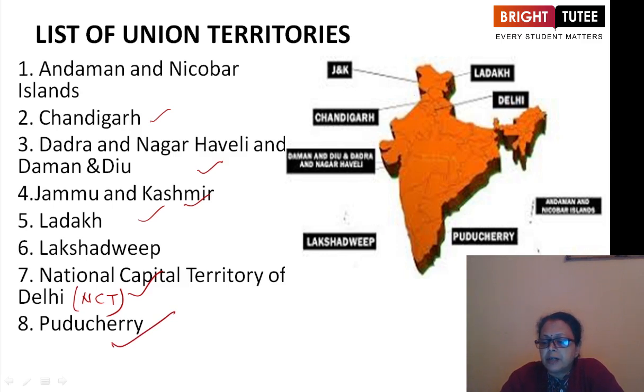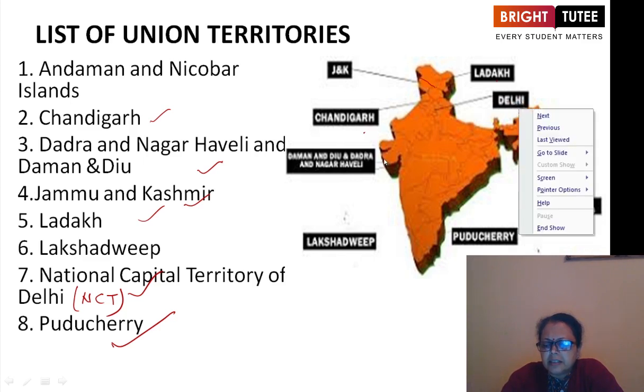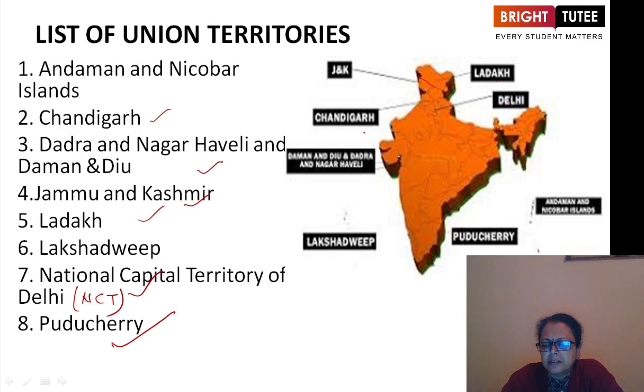Here on the map of India, they are located as shown. This is Jammu and Kashmir, then Ladakh, Chandigarh, Delhi. Here are Daman and Diu and Dadra and Nagar Haveli, and Lakshadweep, an island in the Arabian Sea. Puducherry is on the eastern coast, near Tamil Nadu. Andaman and Nicobar is an island in the Bay of Bengal.